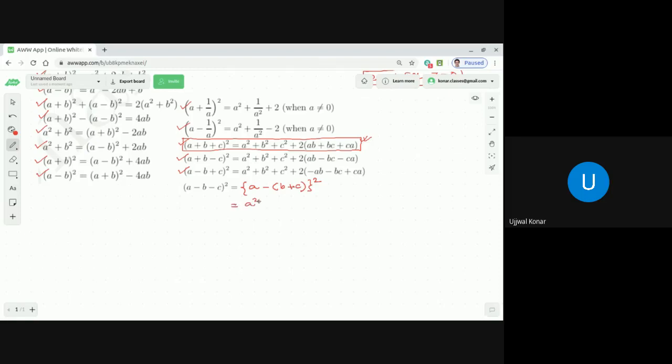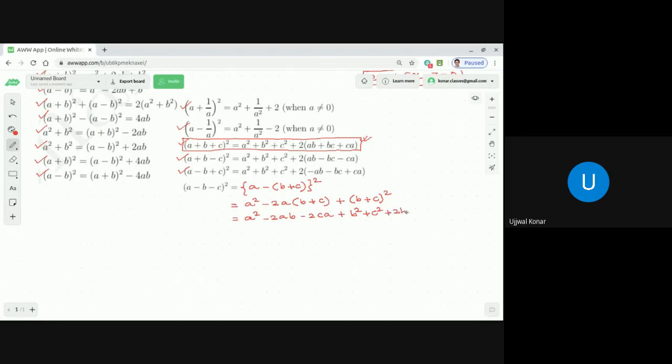A square minus 2 into a into (b plus c) plus (b plus c) whole square, correct or not? So that is equal to a square minus 2ab minus 2ca plus b square plus c square plus 2bc.